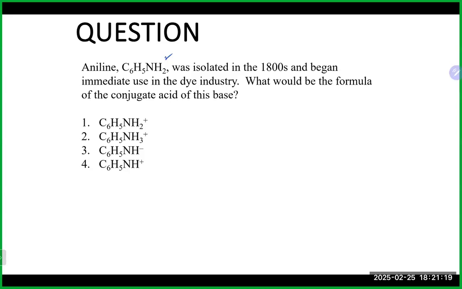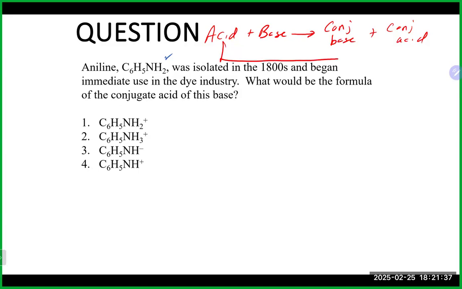Okay, so what we want to think about is the relationship that we talked about, where we have an acid and a base, and on the other side, we have our conjugate base and our conjugate acid. And remember that our acid and our base go together, our base and our conjugate acid go together. So in this case, we actually have C6H5NH2, and we want the conjugate acid.